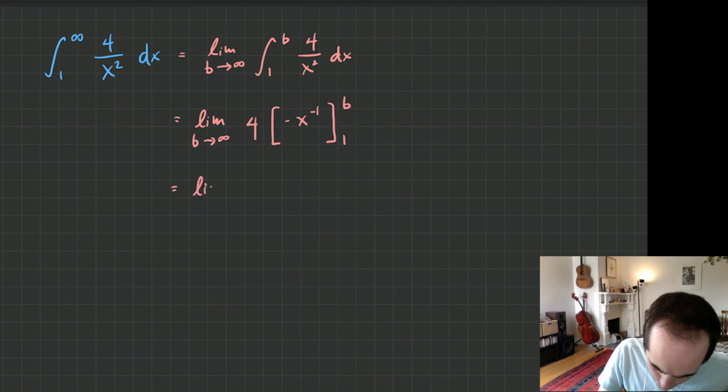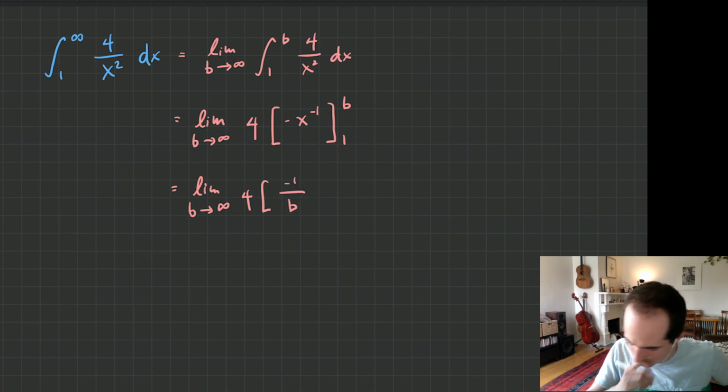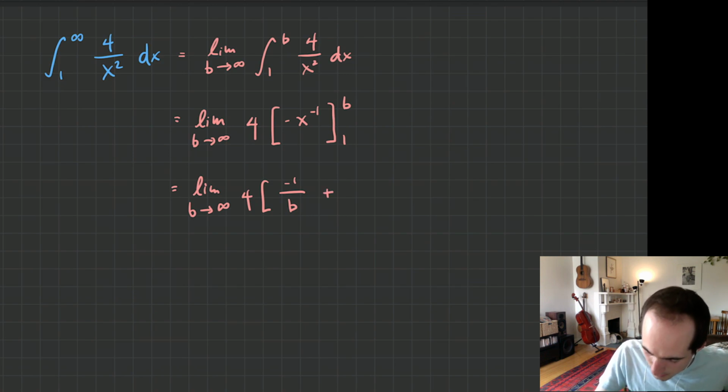I've got the limit as b goes to infinity of 4 times negative 1 over b minus, or I guess in this case plus, 1 over 1, so just plus 1.